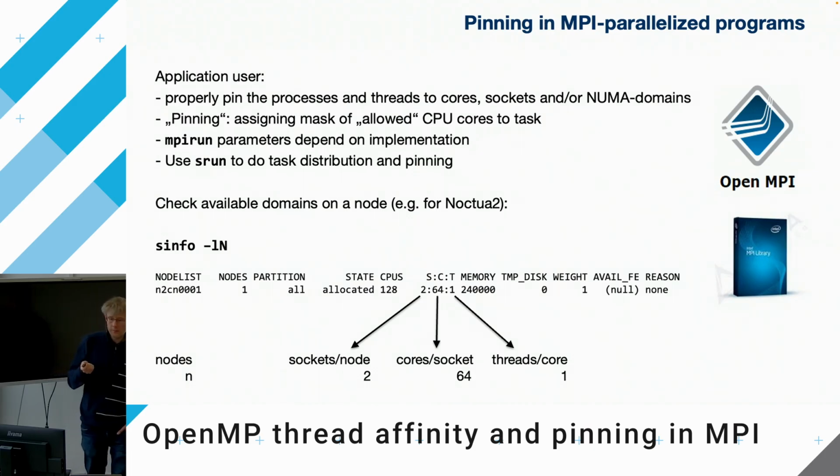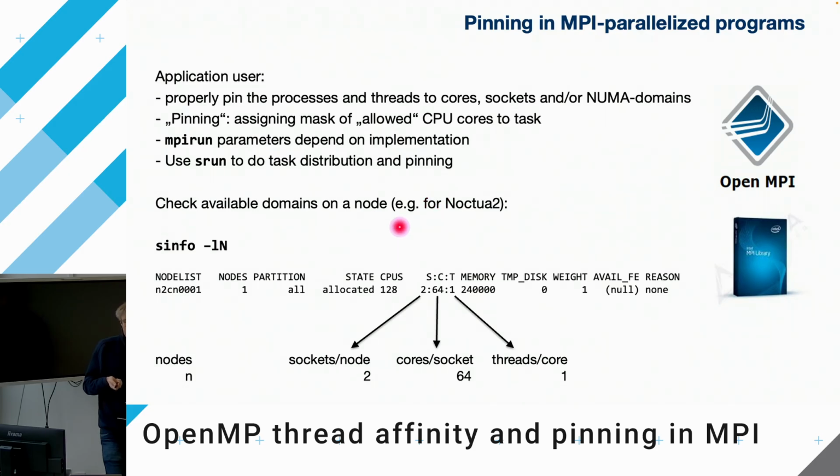This is why it's called the message passing interface, and there are multiple implementations, for example, the OpenMPI implementation or the Intel MPI implementation. And here you can also set the pinning, and this means that one process will then be pinned to a certain set of CPU cores.